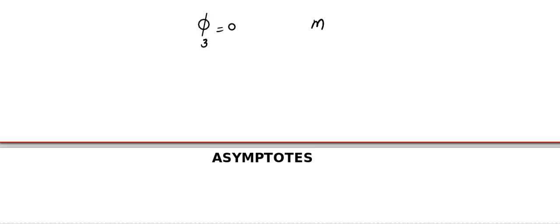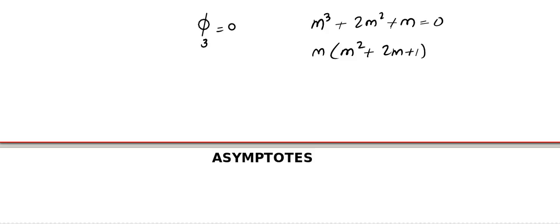That means m cube plus 2m square plus m equal to 0. You can solve using your calculator, or you can take m common and write 2m plus 1 equal to 0. So I get three possibilities: m equal to 0, m equal to minus 1, minus 1. Okay. Now we go for the second equation.